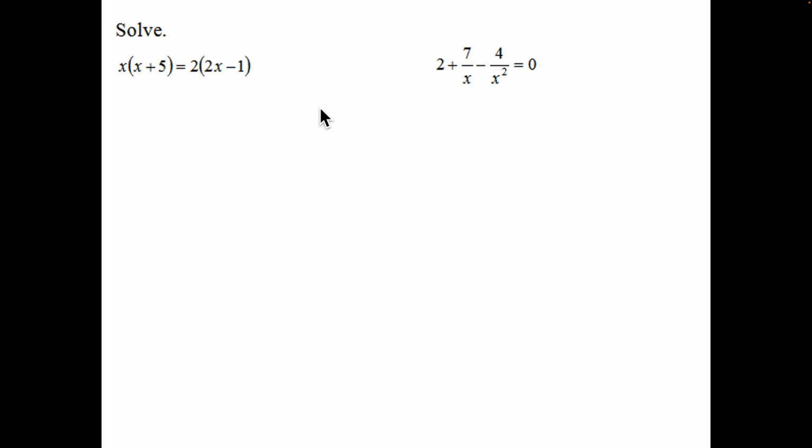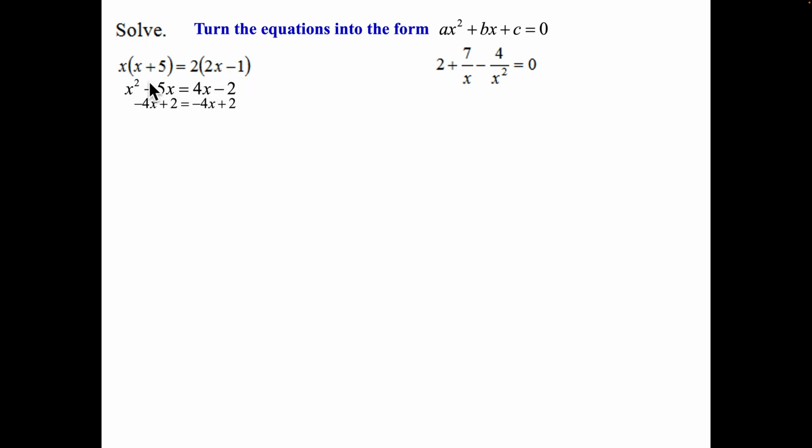Next, now what they're going to do is give us difficult quadratic equations that don't start off quadratic. So here we need to distribute the x, distribute the 2, and set it equal to 0. So minus over the 4x, add over the 2. There's my equation. Now you have an option. You can do complete the square, or you can do the quadratic formula.